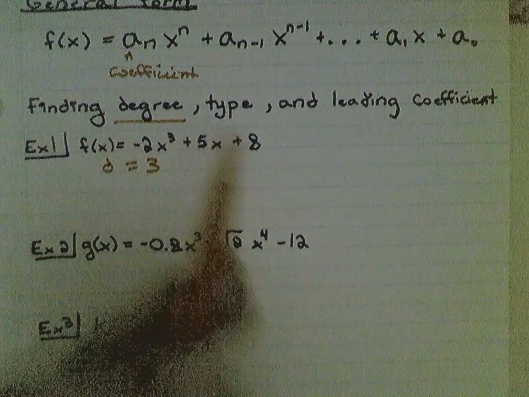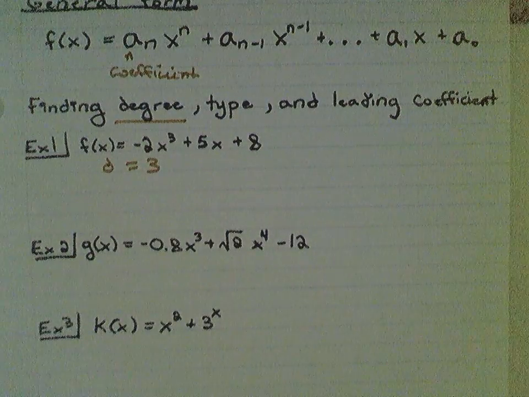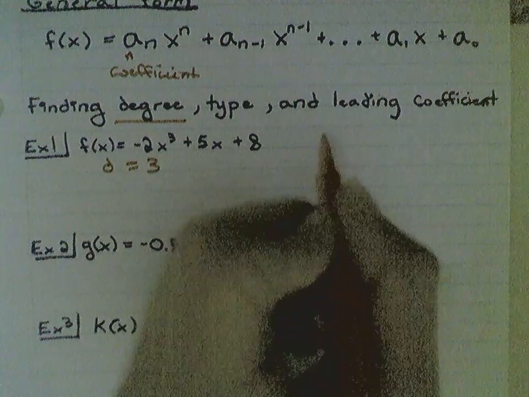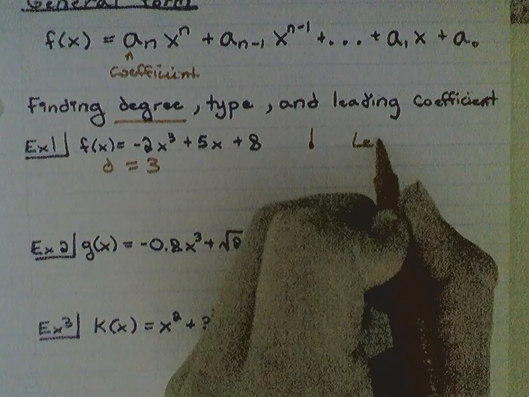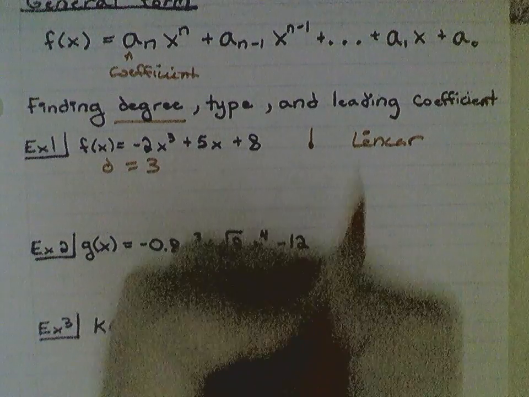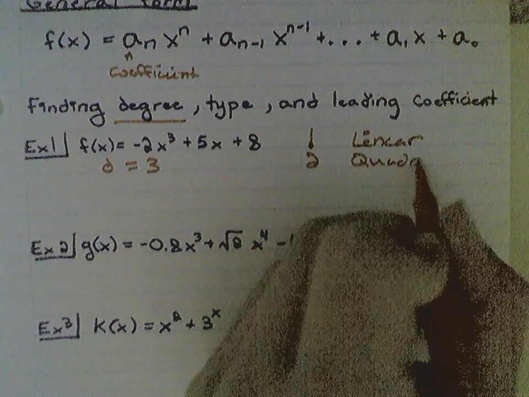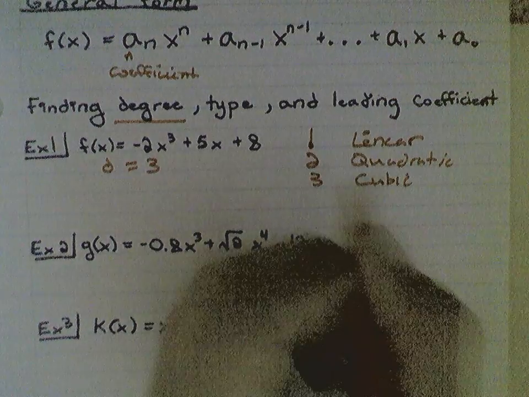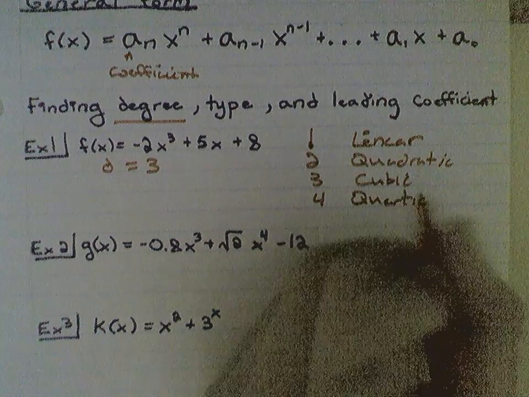And then for the type of polynomial, there are several different types you can have based on degree. If I have a degree of 1, we call those linear polynomials, if I have degree 2, we call those quadratic. If we have degree 3, we say they're cubic. And if we have degree 4, we say they're quartic, and so forth.